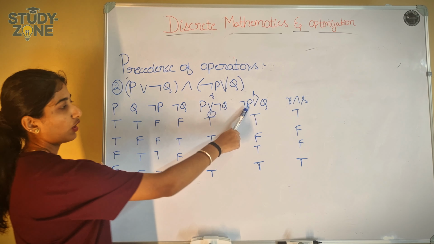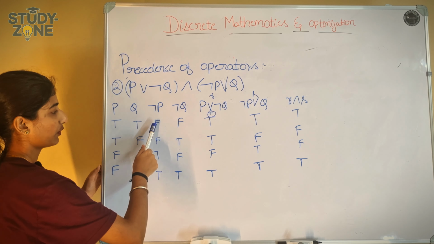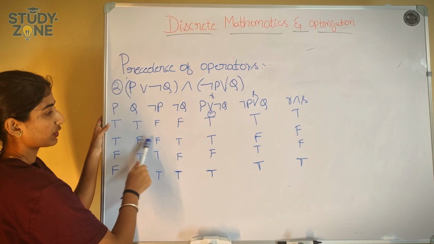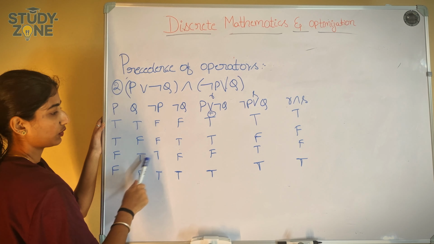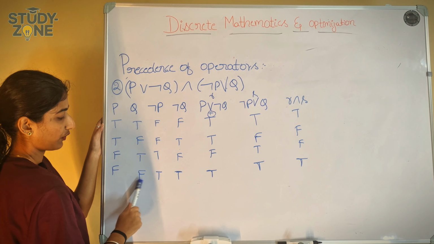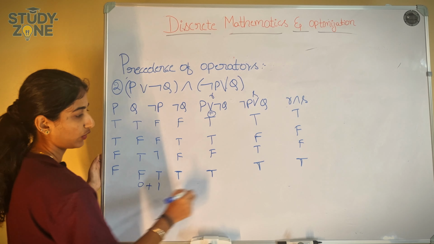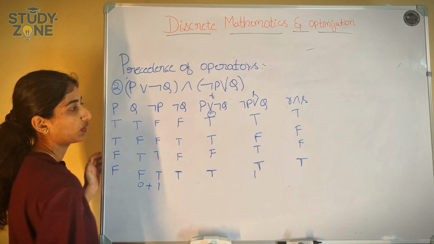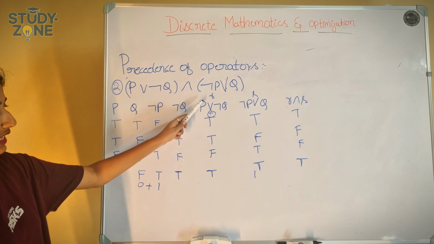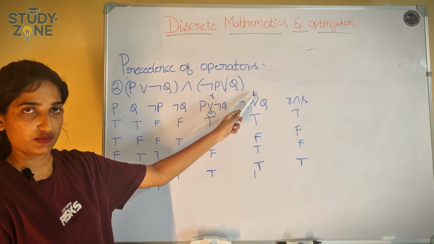And then not P or Q. So false, true, true, false, false, false, and then true, true, true, and then false, true, true, which means 0 plus 1. What will happen? 1. 1 means true. And then take this as R and this as S for simplicity.